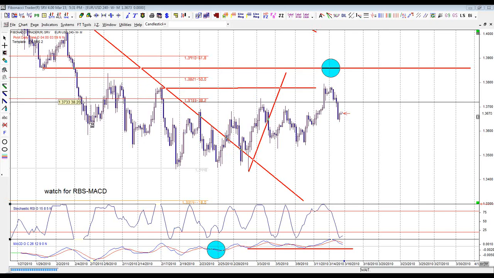So when we're breaking out of a channel, as I said, I'd like to find a bullish head and shoulders, and you will see this in most of the breakouts. This one here is breaking out with consolidation.